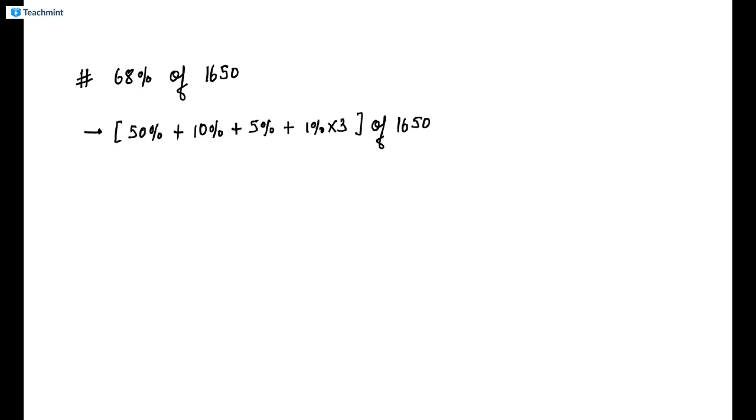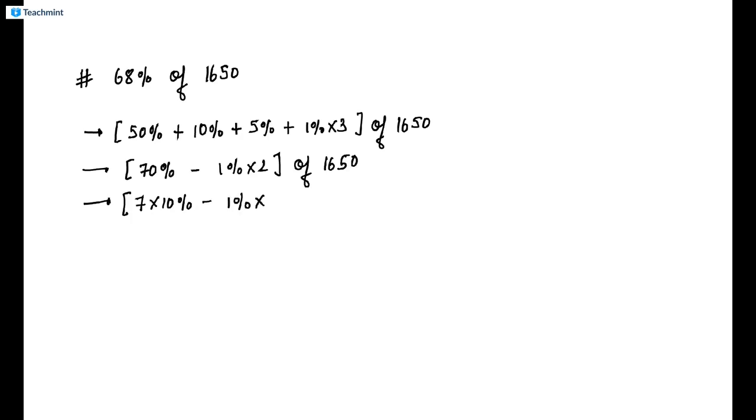Or you can do another thing: 70% minus 1% into 2 of 1650. And you can write this 70% as 7 into 10%, minus 1% into 2 of 1650. So whichever way you are comfortable, you can do that.